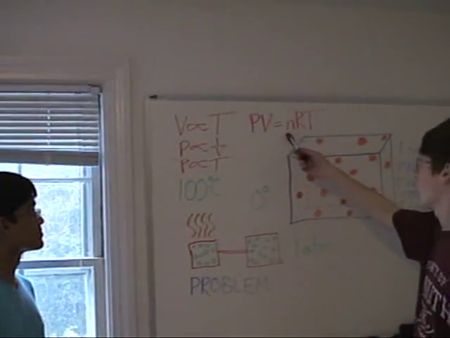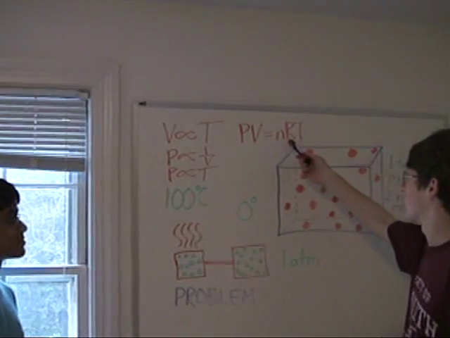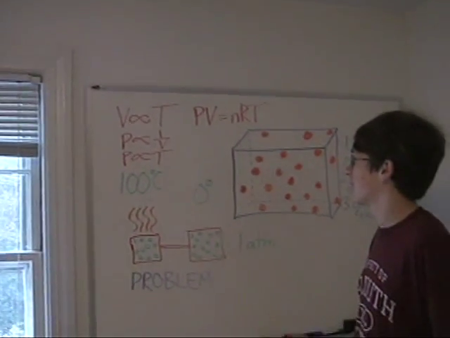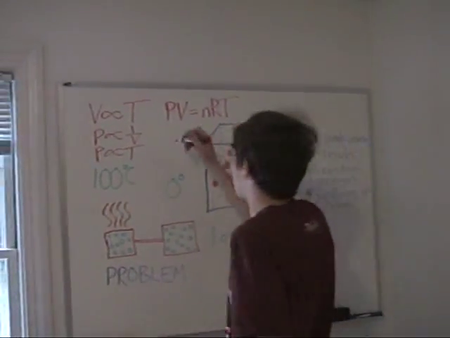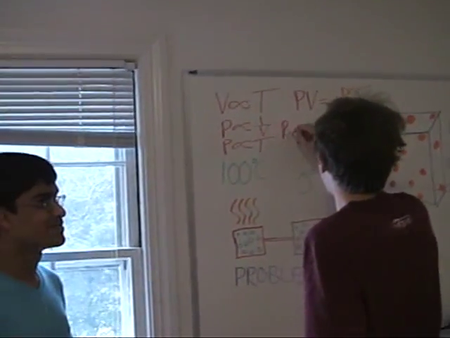Actually, n is the number of moles if you're using R; otherwise it's the Boltzmann constant, but you don't need to know that.